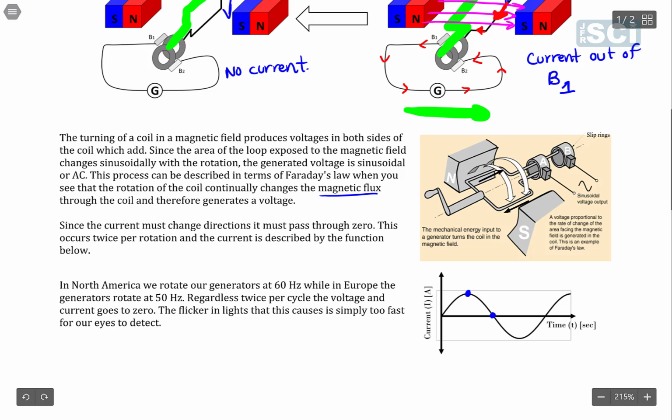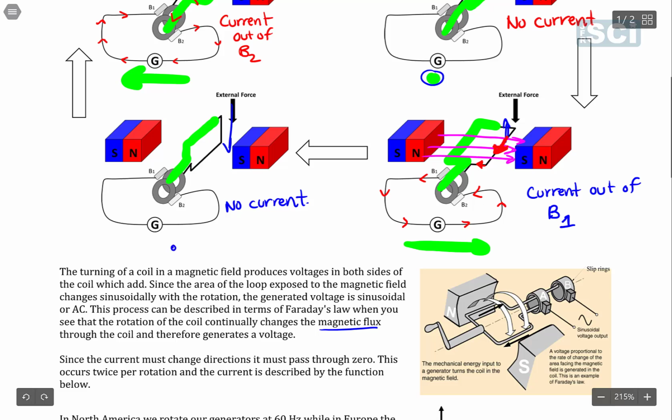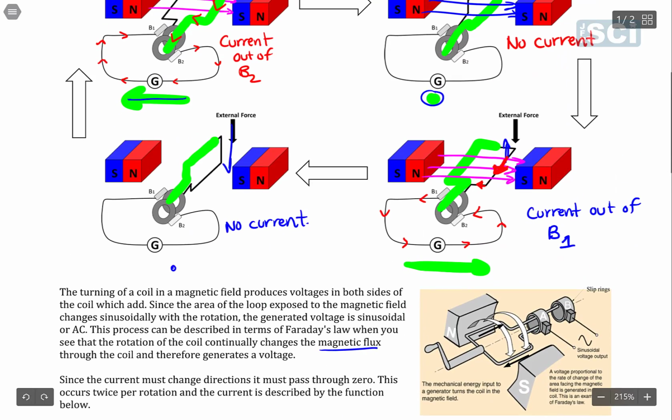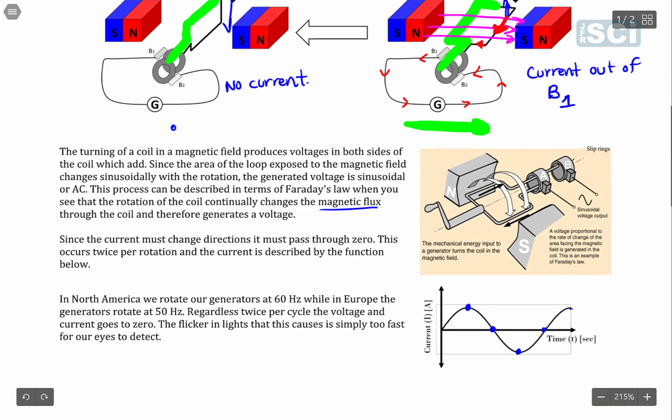So it goes to 0, to the opposite direction, back to 0, back to positive again, because again it's going to the left again. And I notice that my current is ranging from a positive value to a 0 to a negative value, back to a positive value. And it's alternating between being positive and negative.